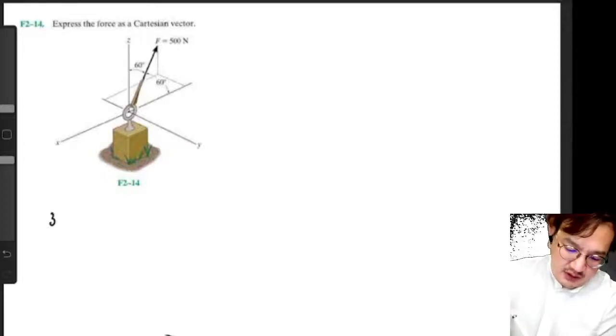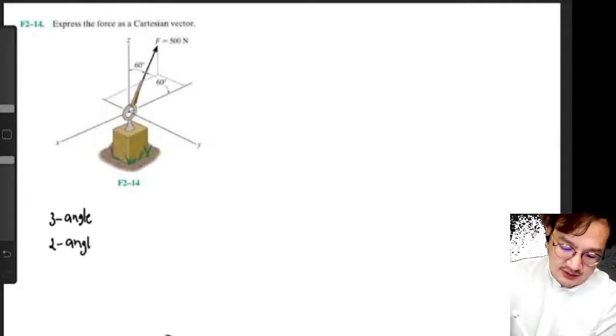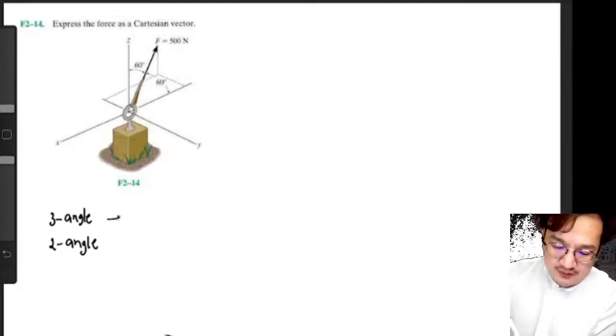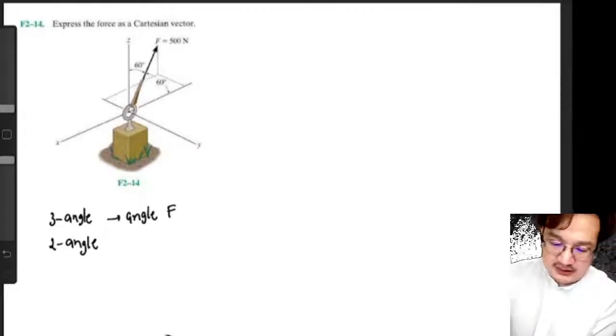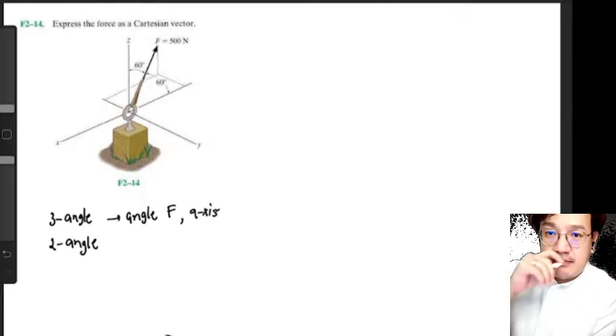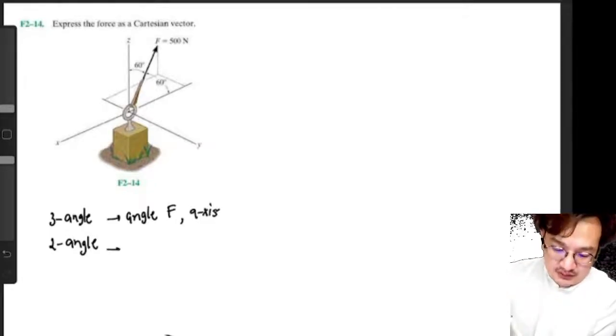The first one we call the three angles system, and another one is the two angles system. In the three angles system, they will give you the angles between the vector and the axes. But in the two angles system, they will give you the angle between F and one plane and one axis.